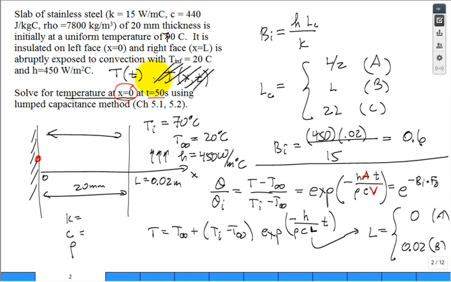Just the first, right? And so if you sketch the temperature profile in this slab, because the Biot number is higher than, let's say, 0.1, I would expect at some instant in time it would have some high value, some low value, and then maybe the fluid value out there, right?